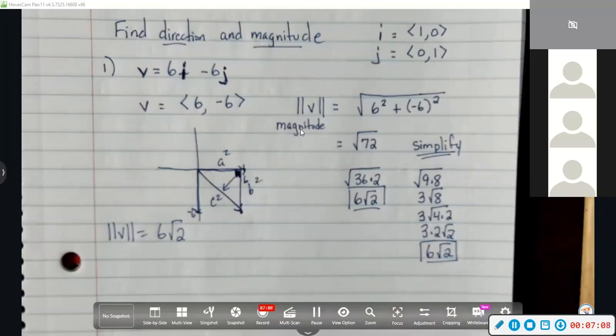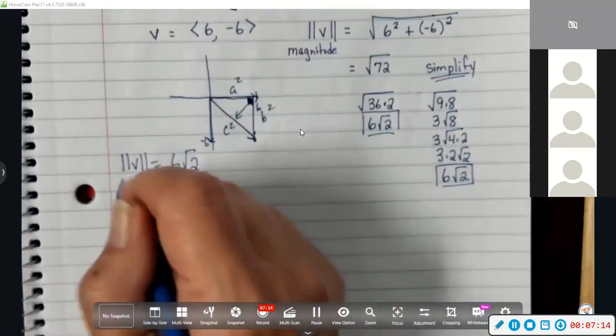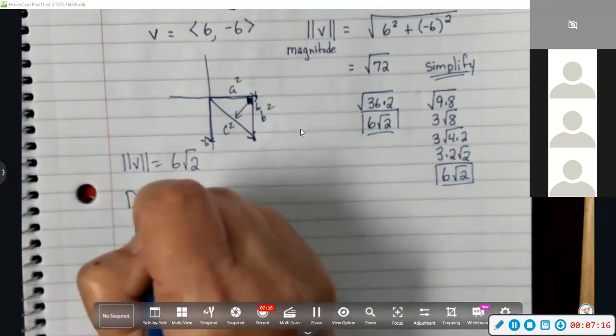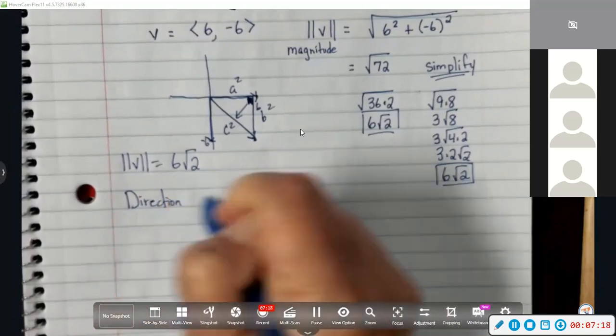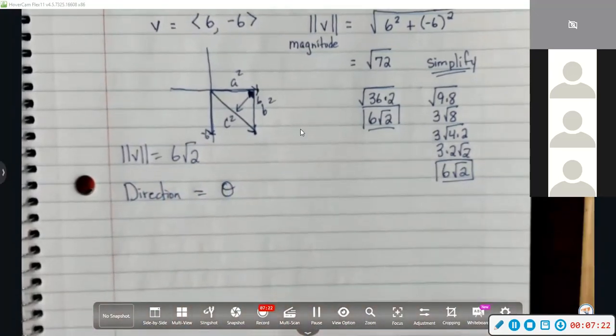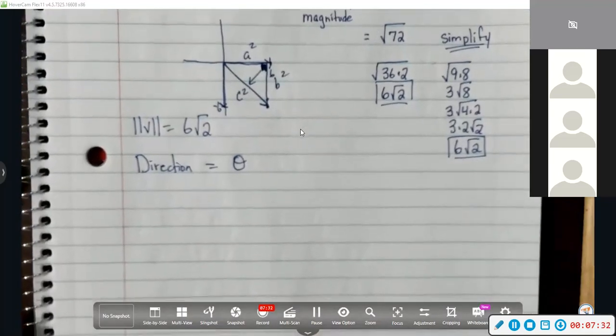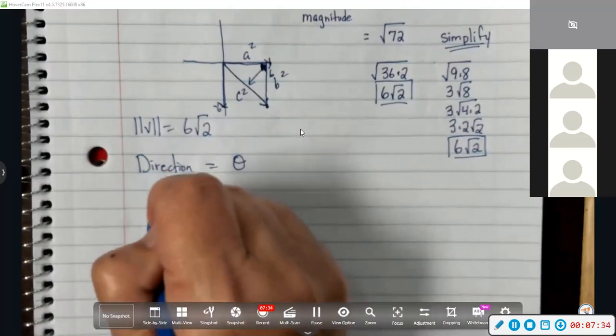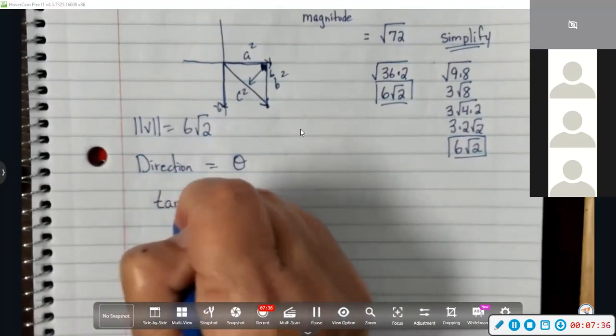All right. So the second part is to find the direction. When we're being asked to find the direction, what we're really looking for there is an angle. That angle is going to describe the direction of our vector. And so the process that we're going to use for that is to use the tangent. So this is where our trigonometry comes in.